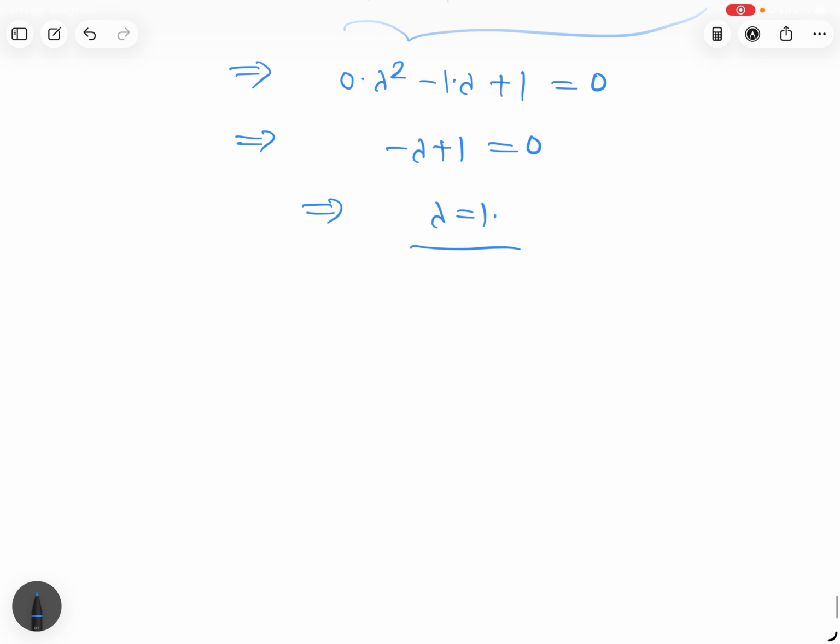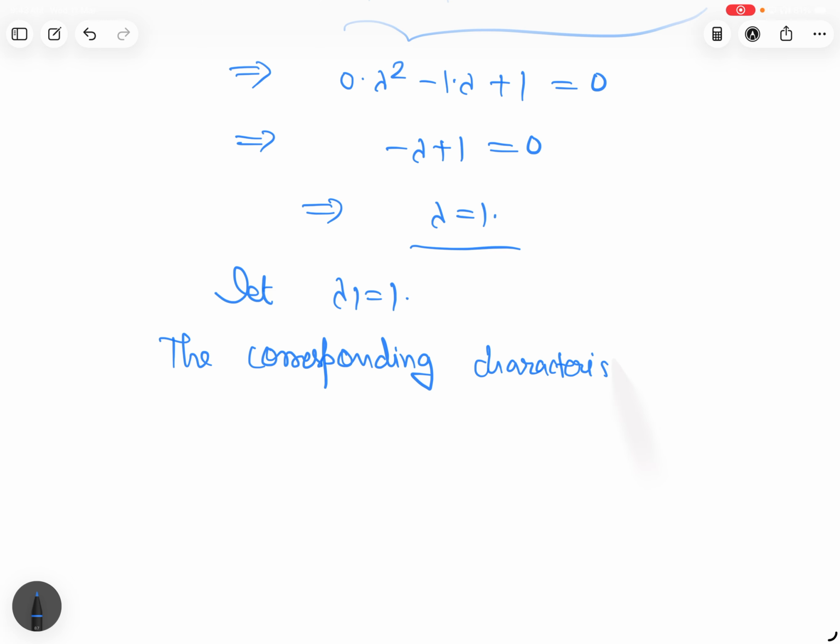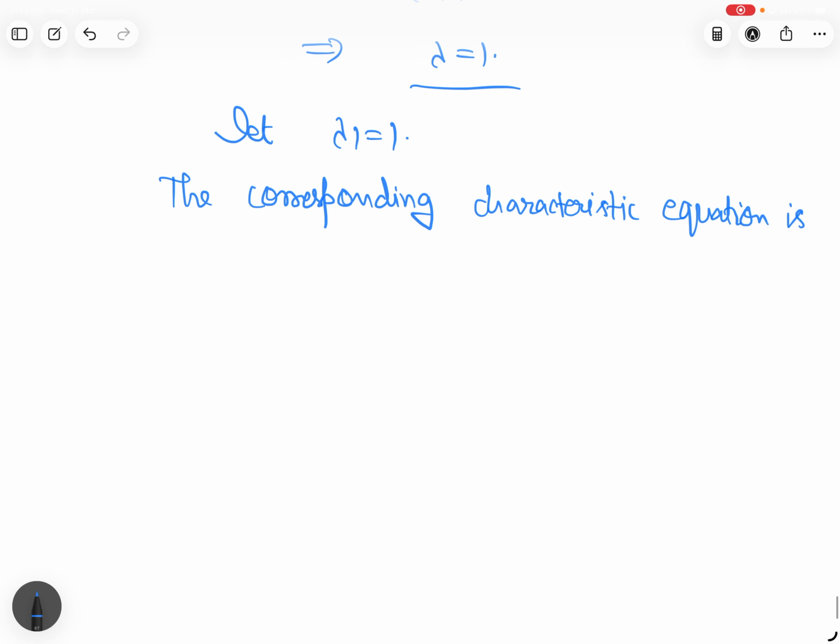So because I have only one value, let's say lambda is equal to 1. So the corresponding characteristic equation is, what is the corresponding characteristic equation? dy upon dx plus lambda 1 is equal to 0.